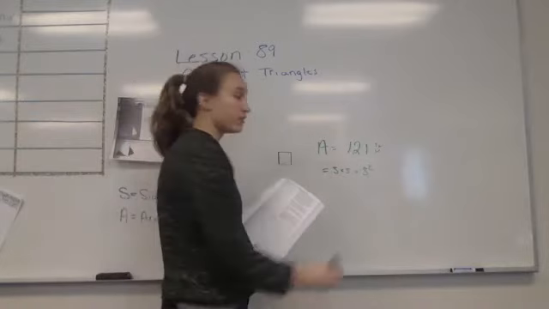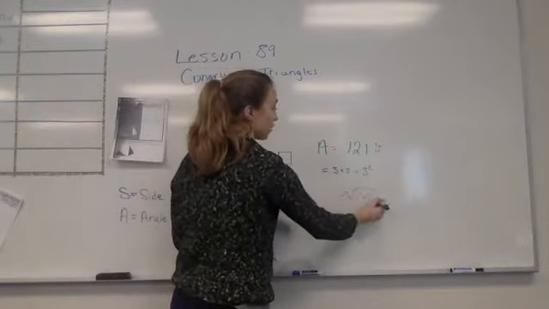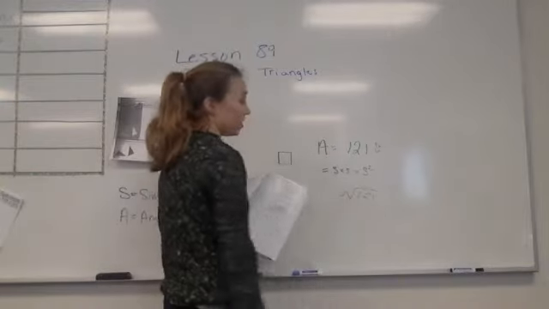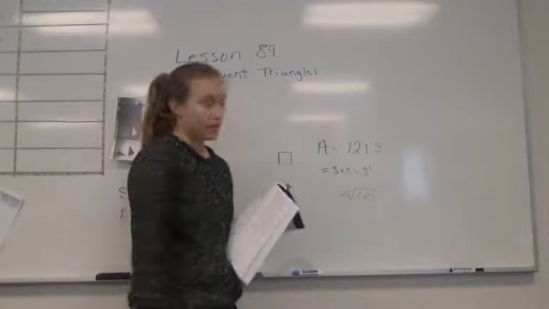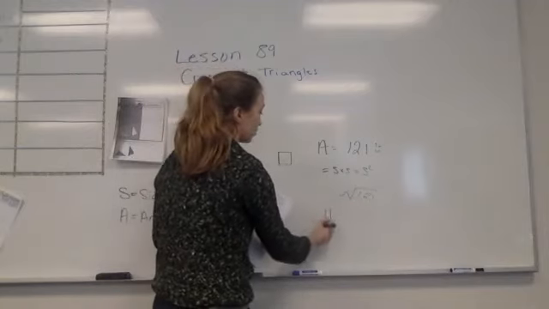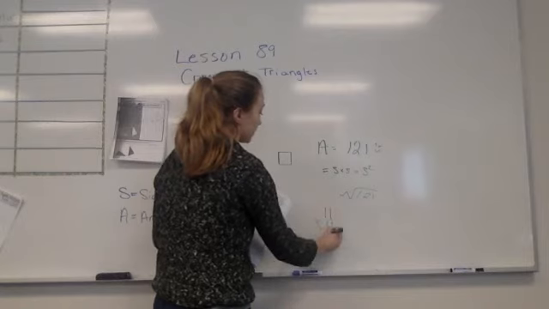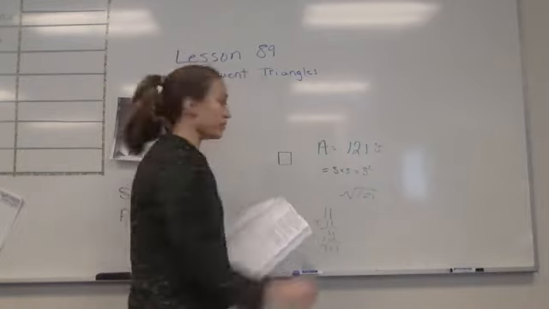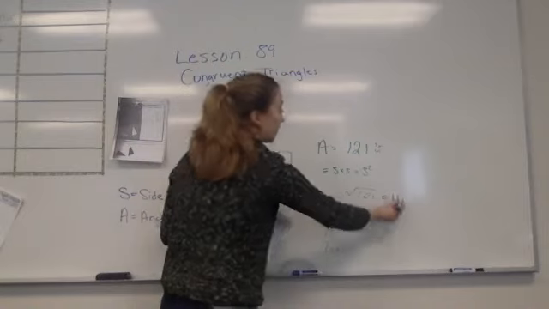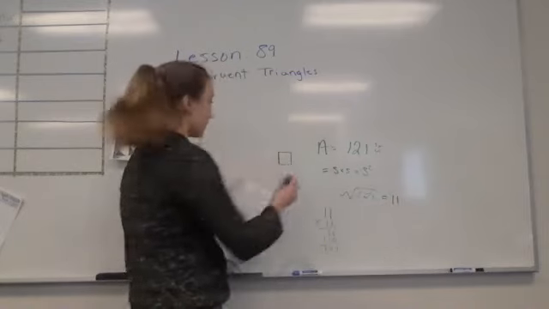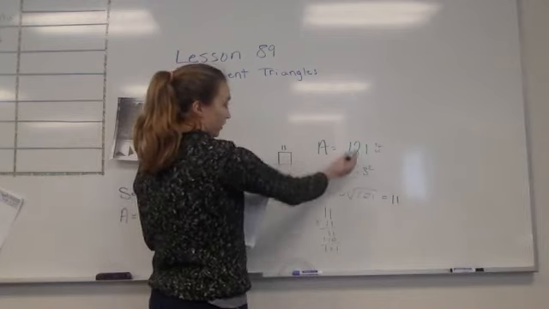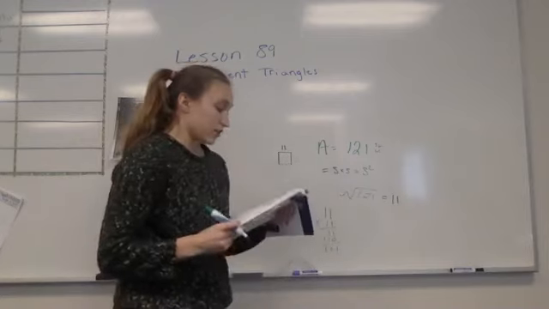What is the square root of 121? Well, I know that the square root of 100 would be 10. So let's just try 11 for the fun of it, because I know that's it. But 1 times 1, 1 times 1, 0, 1 times 1, 1 times 1. So 121, all right? So the square root of 121 is 11. That means that one of my sides is going to be 11, all right? Because if I take 11 times 11, I'm going to get 121, all right? So that's how you figure that out.